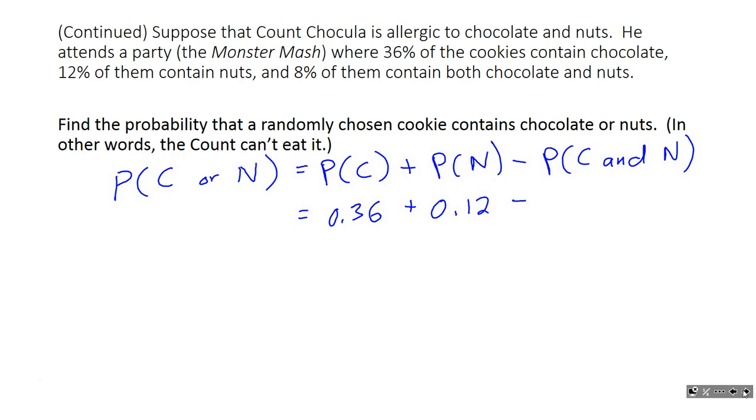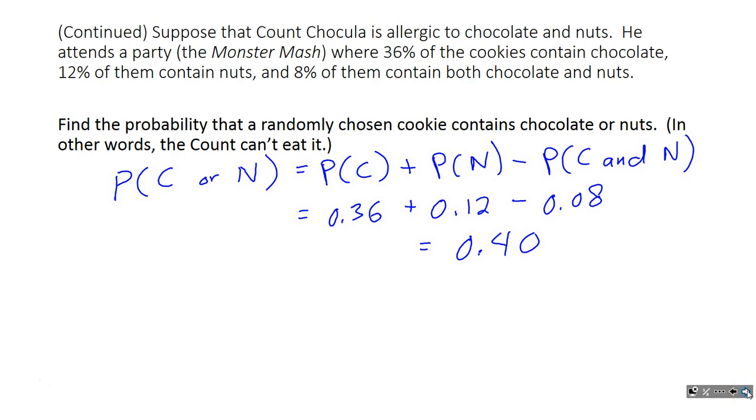And let's see, that is the 8%. And so it was 0.48 minus 0.08. And so that probability is 40%. So the count could not eat 40% of these cookies.